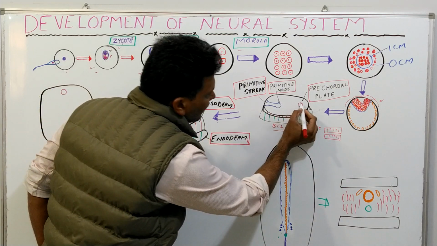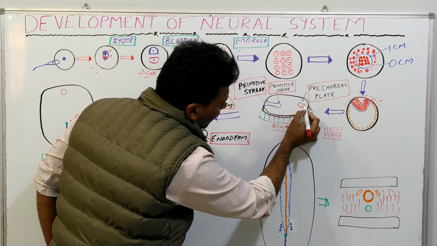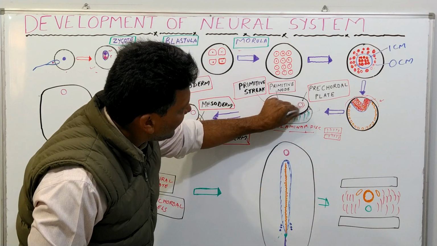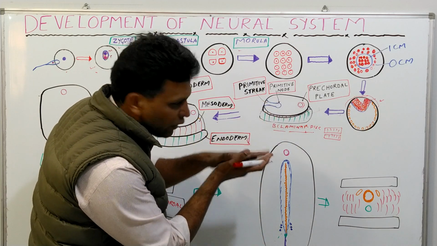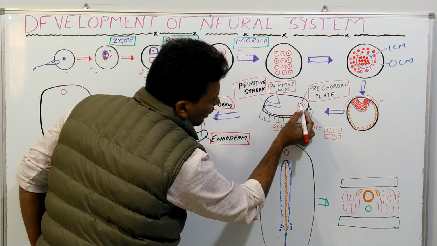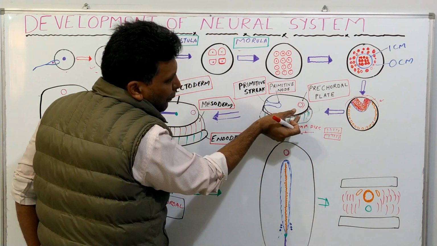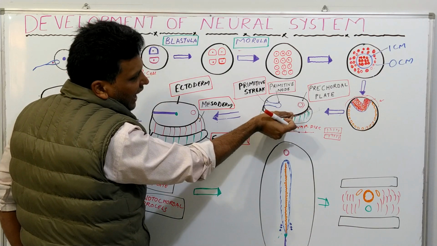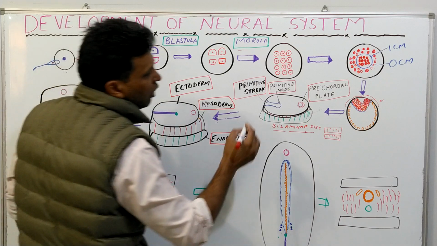Both the discs are very tightly joined together. This area where the two discs are pressed and tightly tied is called the precaudal plate.